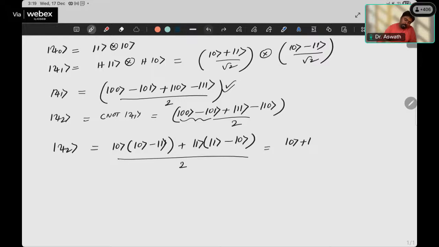Instead, from the second term I will take minus 1 common, so this becomes minus |0> plus |1>.